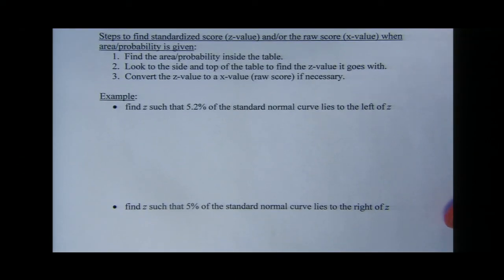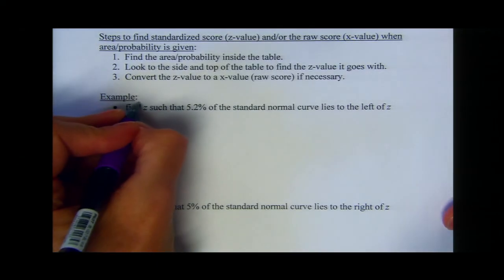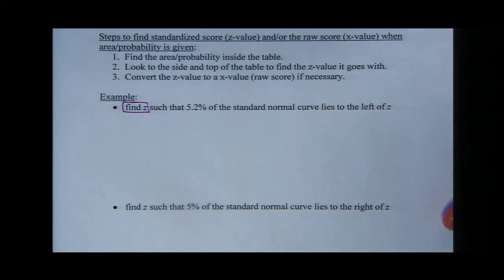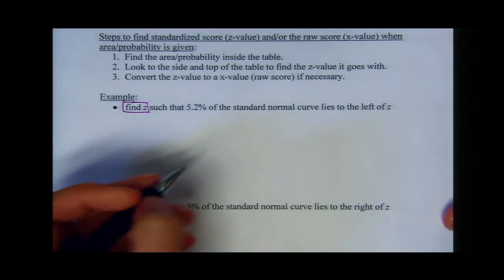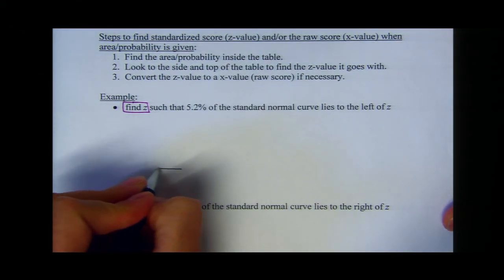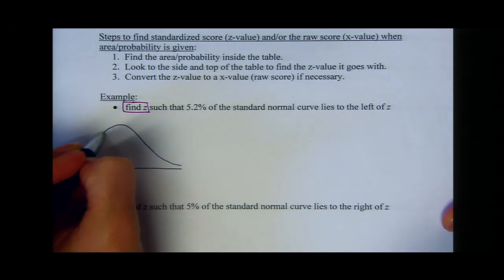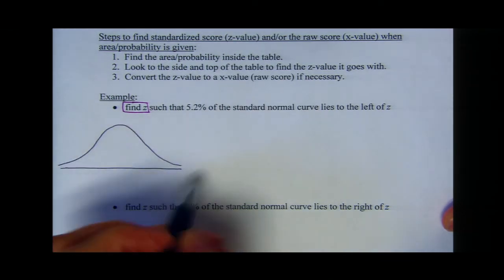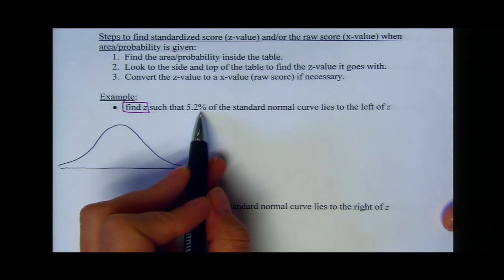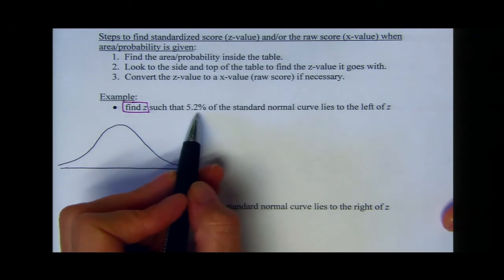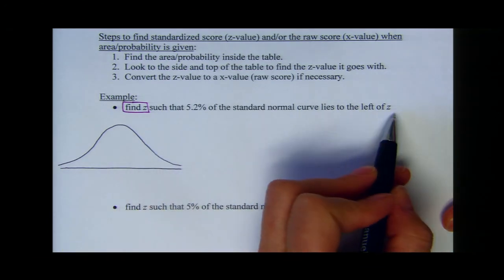All right, so notice this says find z. Well, if it says find z, that means the z value was not given. Here's why I point that out. I will have so many students that will take this, and it tells me that 5.2% of the standard normal curve, so here's my standard normal curve, 5.2% of it lies to the left.